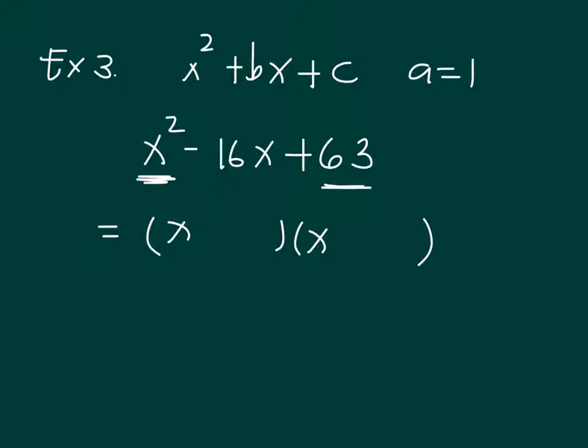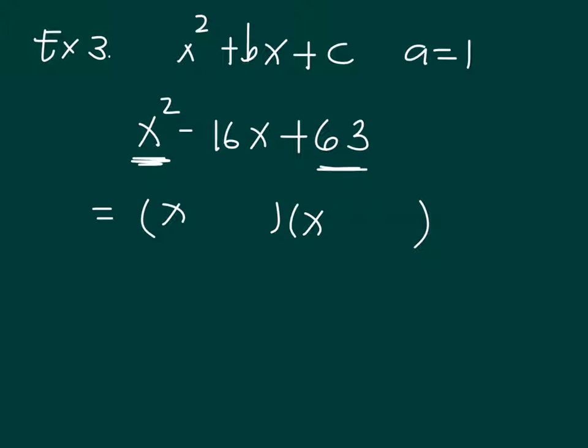So give me two numbers immediately. We will not try to list them all now. Our goal is, the moment you select a pair of numbers, you check it immediately if it will give you 16. 63 can be obtained from 9 times 7.